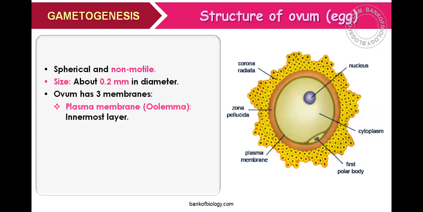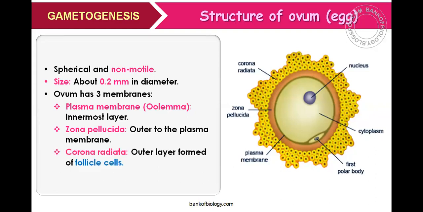It has 3 membranes: plasma membrane or oolemma, which is the innermost layer, surrounded by perivitelline membrane. Zona pellucida आएगा, outer to the plasma membrane. Corona radiata, outer layer formed of follicular cells, ये है corona radiata.